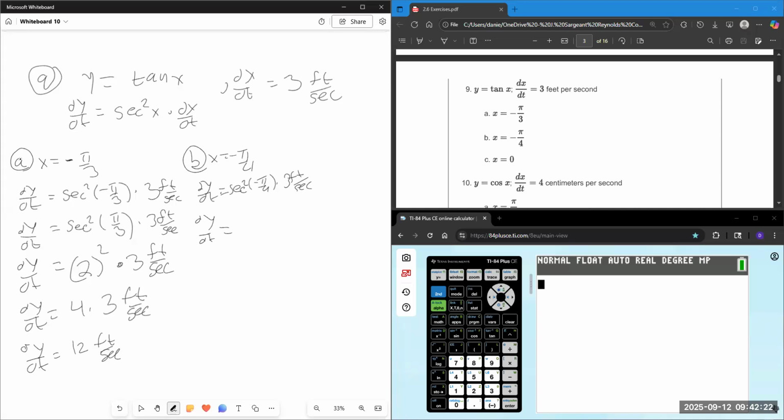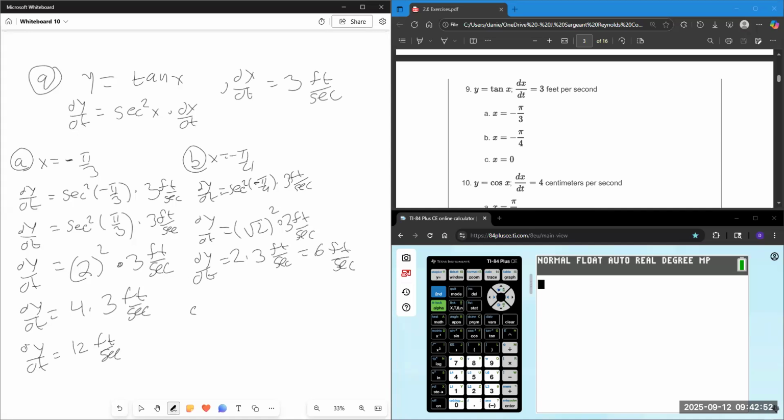That's more helpful here so that I can find the reciprocal. The reciprocal of that is going to be √2. Again, I'm ignoring the negative because of the even function. I'm just thinking about secant of π/4 right now. I'm squaring that and multiplying by 3 feet per second. So dy/dt is 2 times 3 feet per second, which is 6 feet per second.